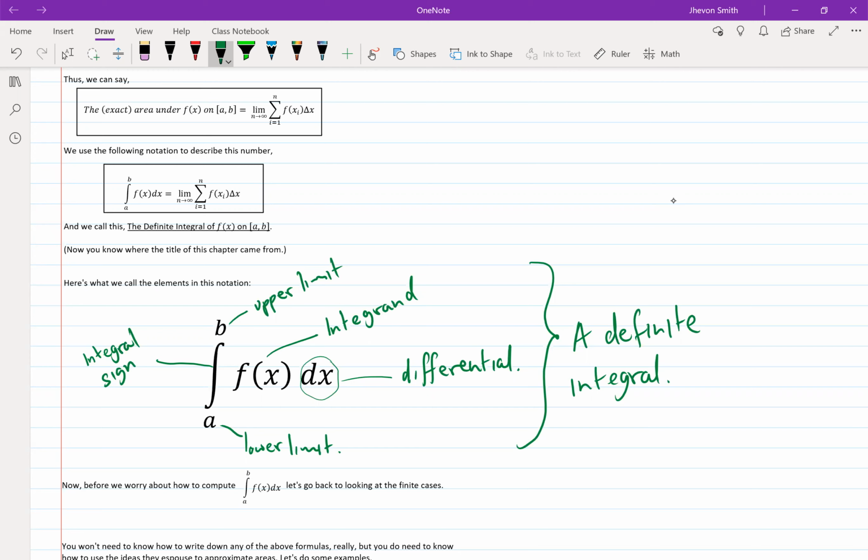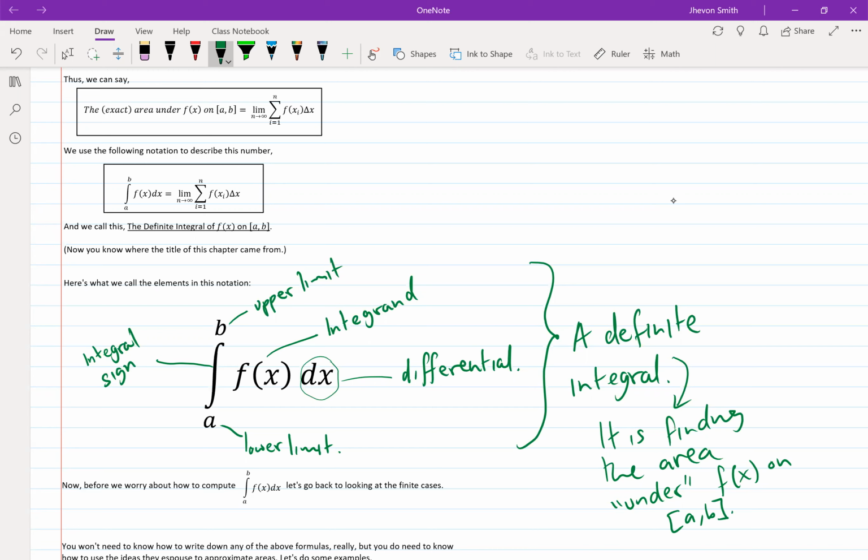And this symbol means we are finding the area under f, and I put that in quotes for a reason. We'll talk about that later. On AB.